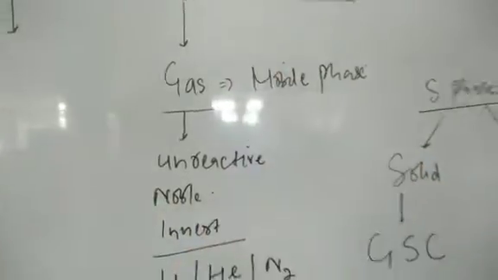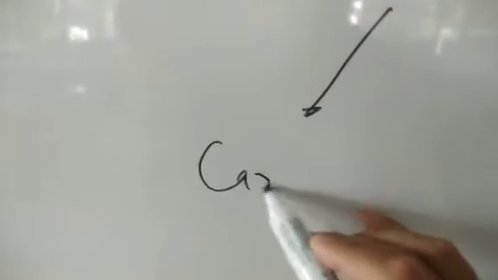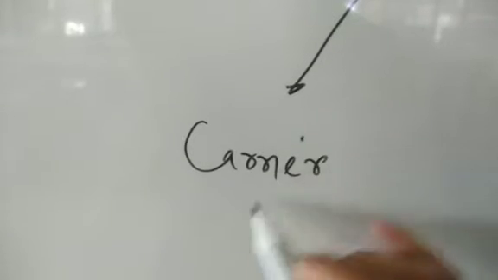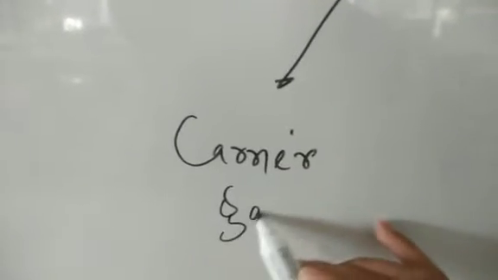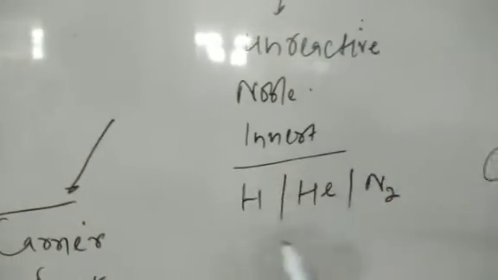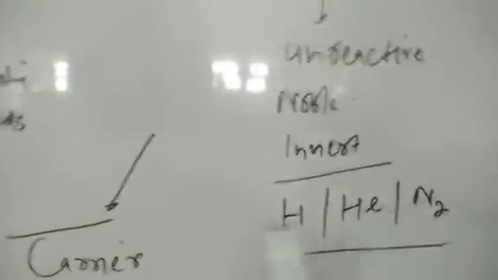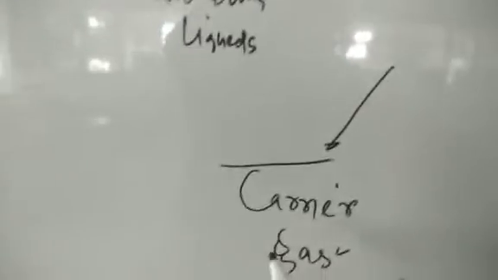तो मोबाइल फेज बेसिकली what it does, it acts as a carrier, very important. So mobile phase acts as a carrier here. That's why it's also called as a carrier gas. So mobile phase, which is the inert gas and unreactive gases like these, they basically act as a carrier gas. Carrier means they carry something from one point to another.